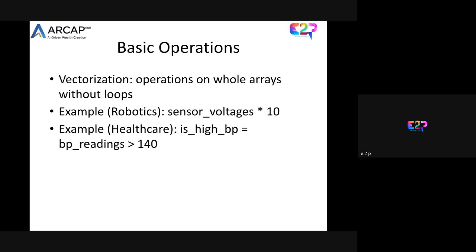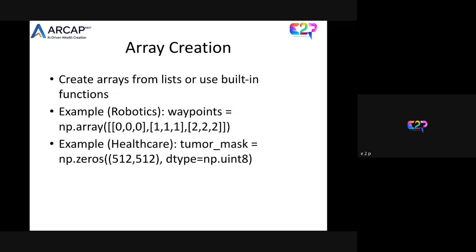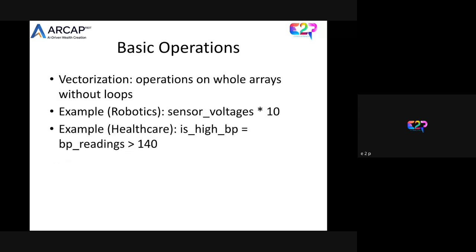We'll check all these things now. We can do vectorization, like we can do operations on whole arrays without a loop. Here, voltages is the array, and we can multiply it by 10. Then all the array values will be multiplied by 10.